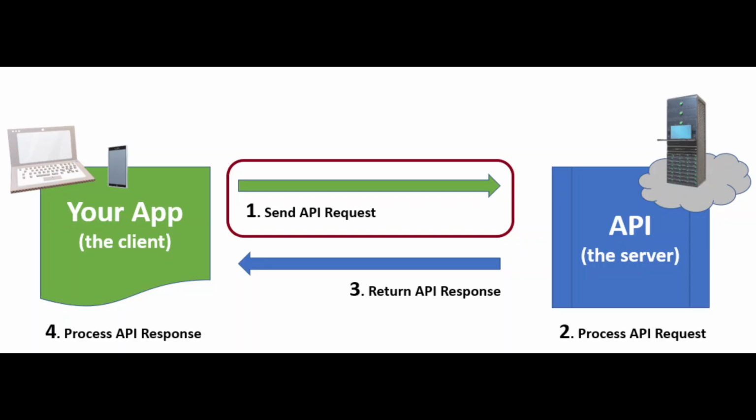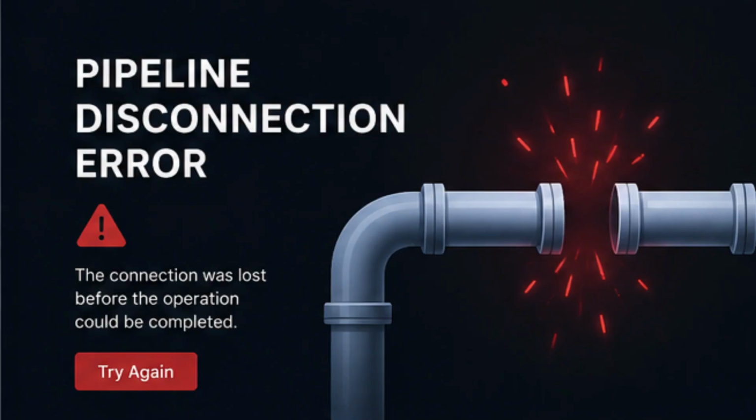When you send an API request, this API should get you an image, and the AI was not able to send the image back, while your front end is waiting for the image to be returned, and you don't see the image, it usually will bring out a pipeline disconnection error. So these are the cases where you can see a pipeline disconnection error.